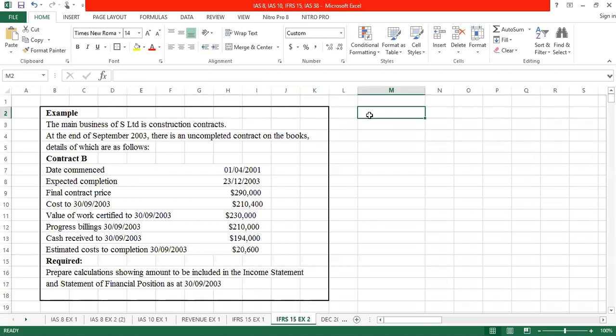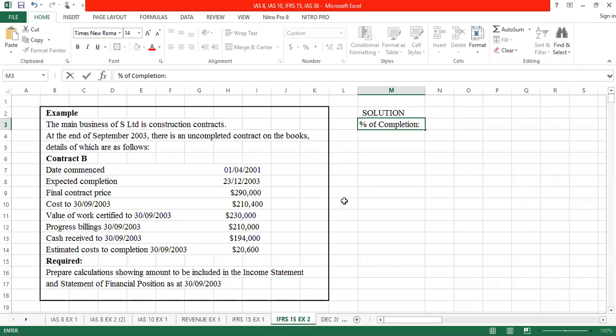In order to answer that question, the first step in our solution is to get the percentage of completion.